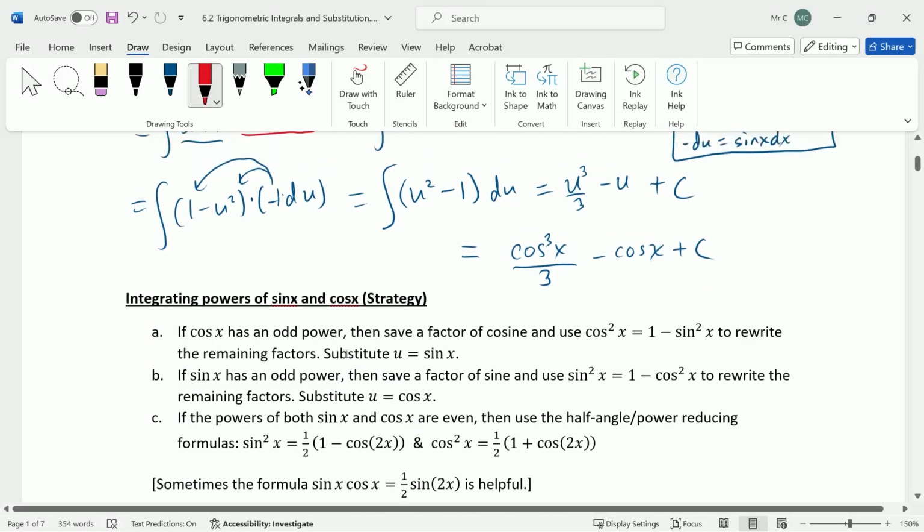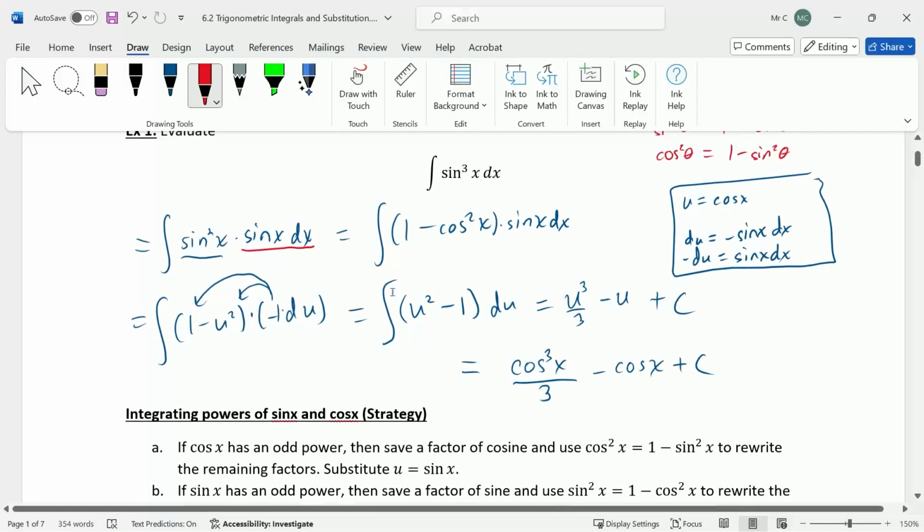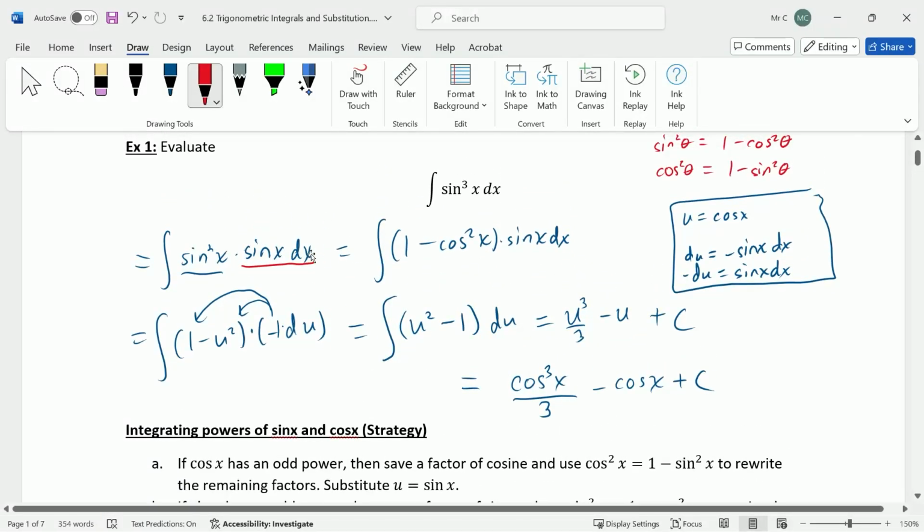Now, if neither of these has an odd power, the reason we could make this work on this integral was because I could pull out one of those factors of sine of x and use that for my du. But that only works because the power here for sine of x is odd.